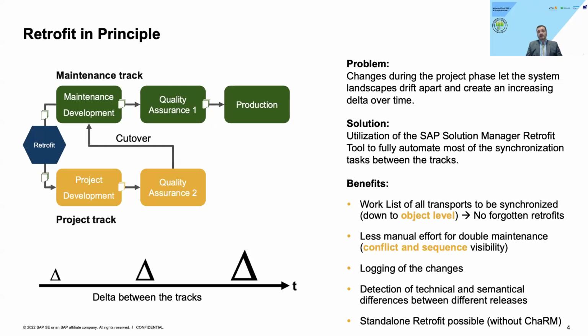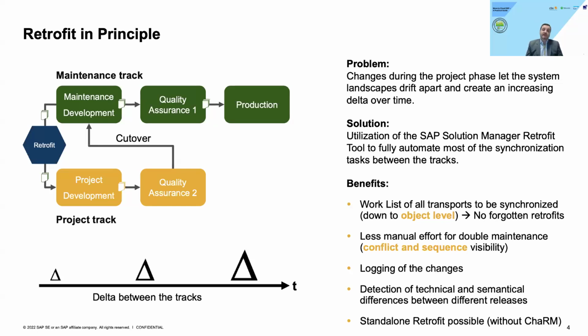I think this is connected to the scenario you're going to choose. So for brownfield approaches, so for shell conversion, where you start from the original systems and you create the instance on the baseline of the original system, the retrofit is a very important tool because it allows you to minimize the effort to keep the two systems in sync.